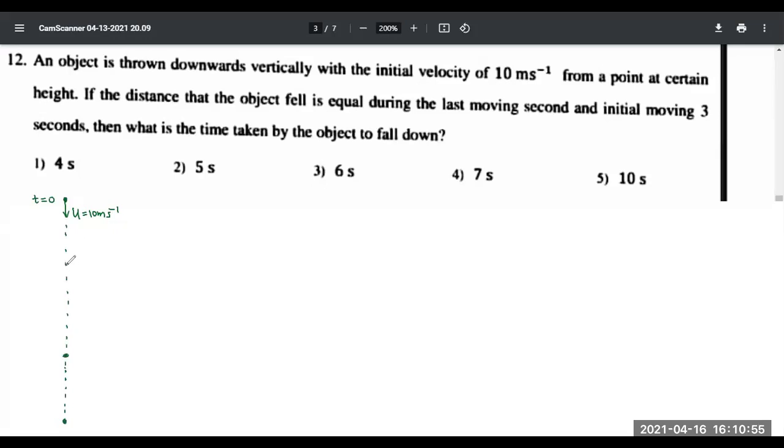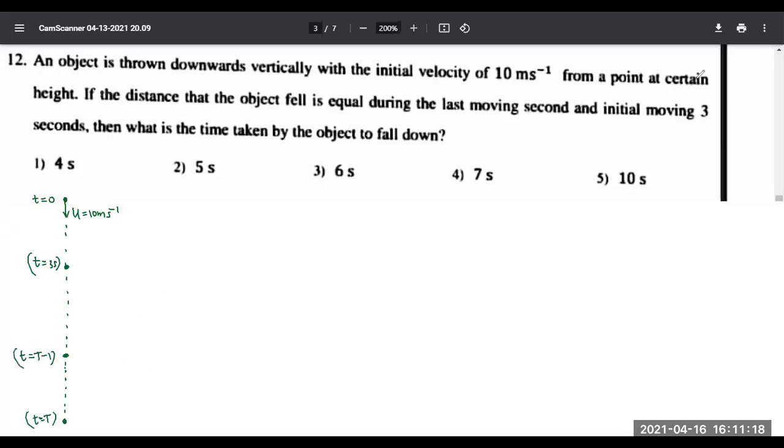So something like this. When the object reaches here, it is time equal to 3 seconds. And if you take this as time equal to capital T, the final time, what is this time then? It should be time equal to capital T minus 1.